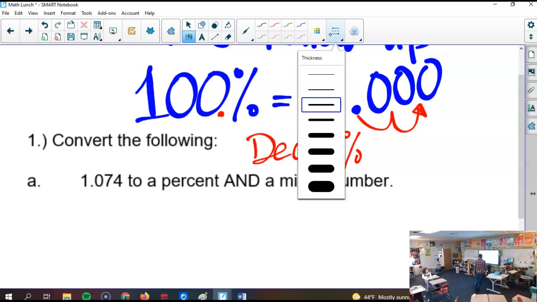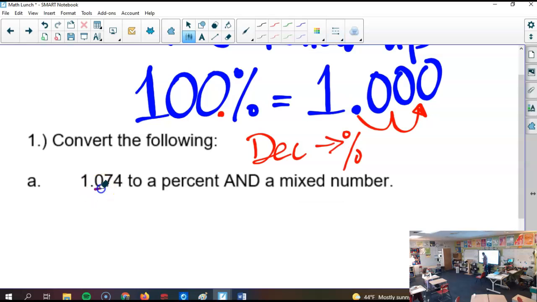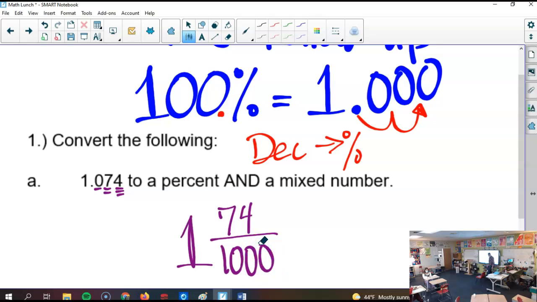So it's 1 and 74 thousandths, because this is tenths, hundredths, thousandths place. We do not need to reduce because it doesn't ask us to. Questions on 1A?